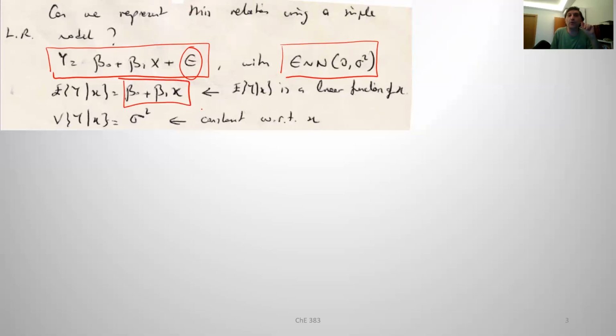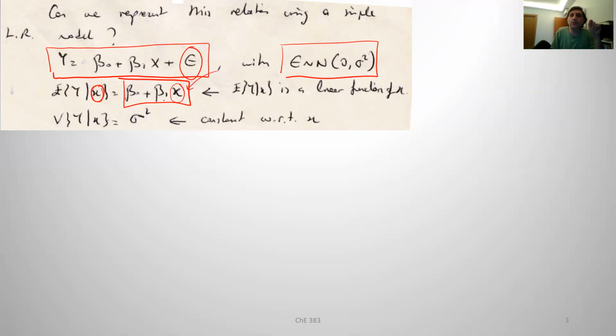Now, let's analyze this from this perspective. Changing for different x values, the expected value of y is going to change, but in a linear fashion. This is what this equation says. I repeat again, the expected value of y, our other random variable, is going to depend on x linearly.